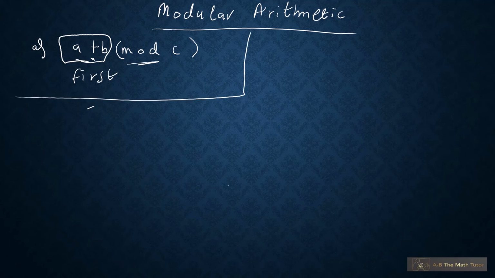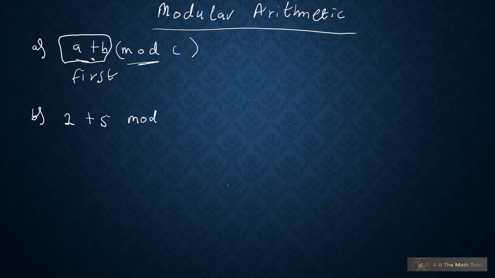Say you have 2 plus 5 mod 3. So what this rule states is that you need to perform this operation first, and 2 plus 5 is 7.